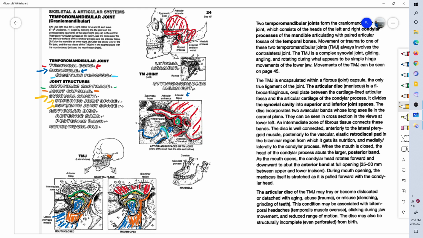What is separating them is what's known as the articular disc. There is a disc. That's right, your jaw actually has a disc in it. And this is your articular disc.